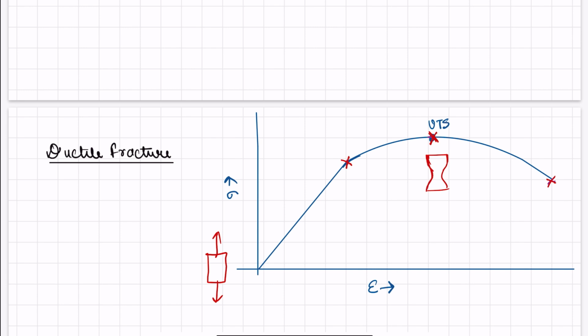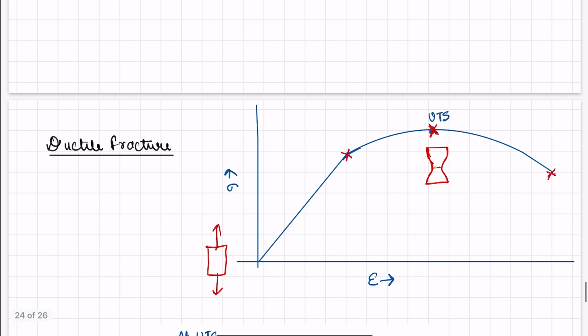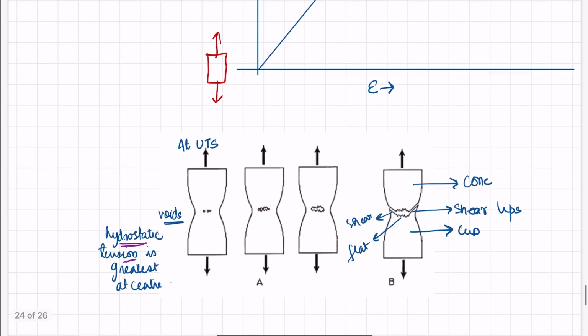the area starts decreasing, the plastic deformation is concentrated at this particular part, and because the area starts decreasing, this particular part wants to go inside but the surrounding part doesn't want it to come inside, so there will be a stress state present here as well.